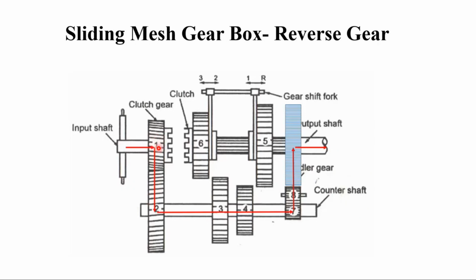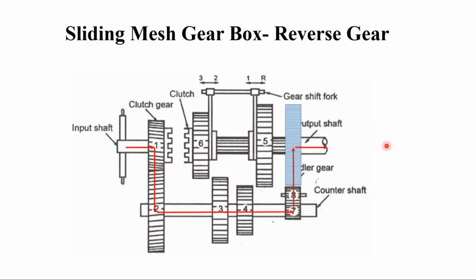When it comes from gear 1 to gear 2, it rotates in the clockwise direction. And when it reaches 7, it also rotates in the clockwise direction. And when it comes to the idler gear, it rotates in the counterclockwise direction. Okay, that's where the reverse application comes into the picture.